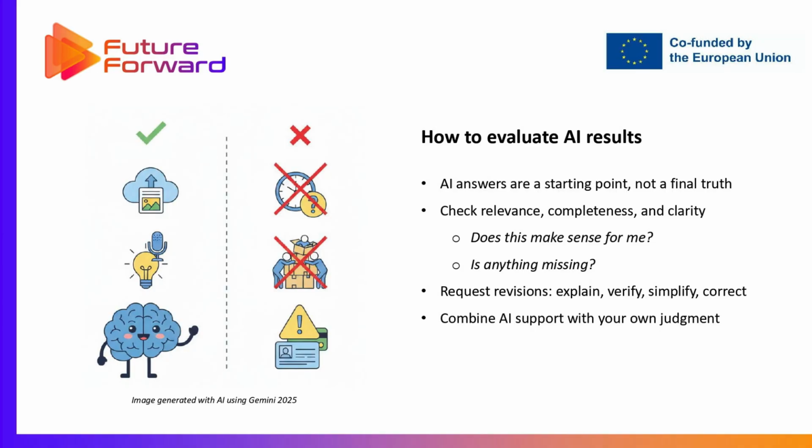Look at the answer and ask yourself, does this make sense for me? Is something missing? Do I need it simpler, shorter, or more precise? If anything sounds unclear or unusual, you can always ask the AI to check again, explain why it made a choice, or correct parts of the result. AI works best when you guide it step by step, combining its speed with your own judgment and experience.